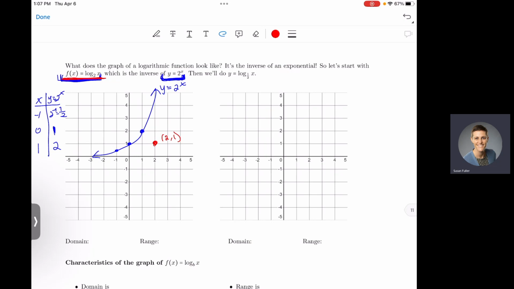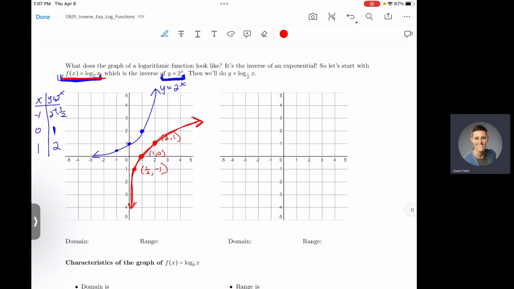Because (0, 1) is a point on my exponential function, switch x and y: (1, 0) is going to be a point on my logarithmic function, the inverse of the exponential. Because (-1, 1/2) is a point on my original exponential function, then (1/2, -1) is going to be a point on my logarithmic graph, which is the inverse function. So with these 3 points, you can actually see this is what my graph of a logarithm is going to look like.